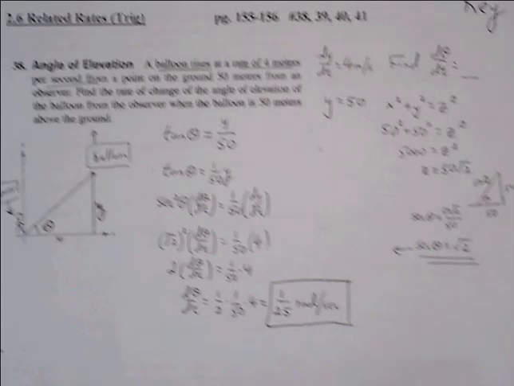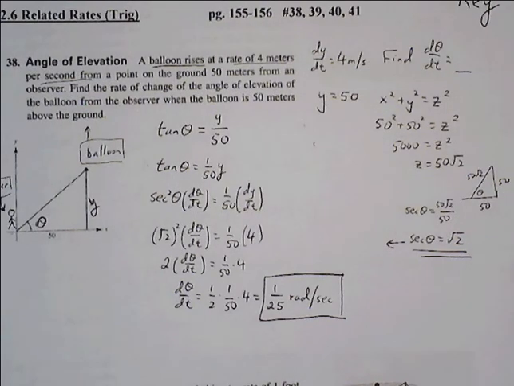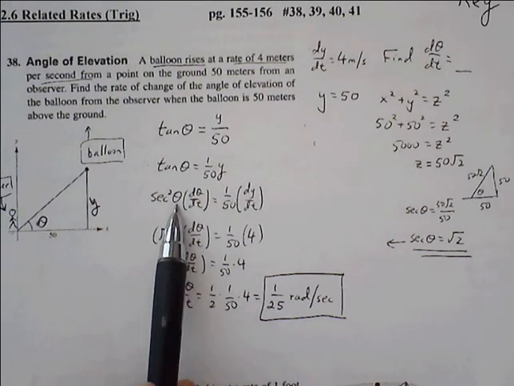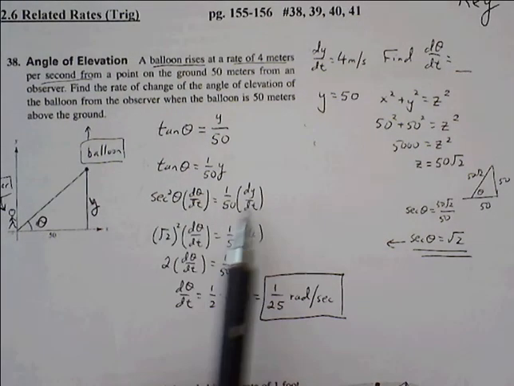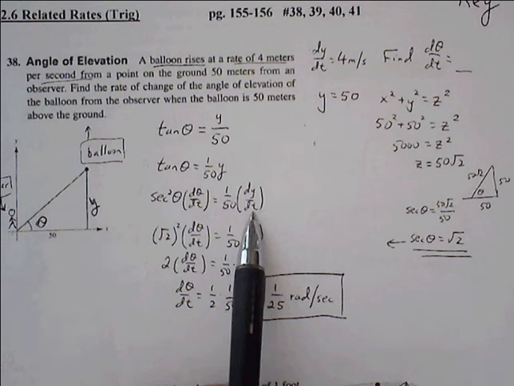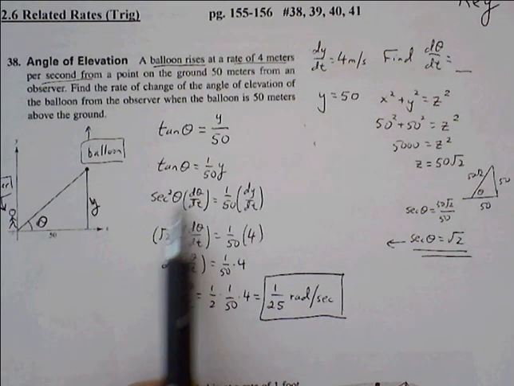Okay. So let's see what we can do here. We're not going to be able to know what theta is, but we can figure out what secant of theta is. We're trying to find d theta/dt. We have a substitution in for dy/dt. We just need to find a substitution in for secant of theta.